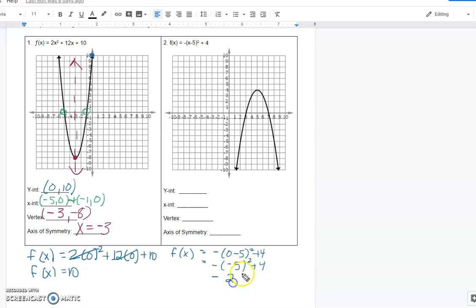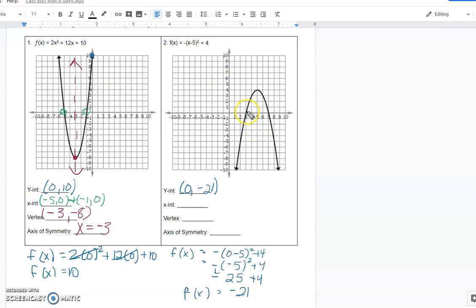That's going to give me negative 25, because this negative 5 squared would be positive, and then this one would be the negative, plus 4. And my f of x is going to be negative 21. So I can't see it on the graph, but it's going to cross the y-axis at 0, negative 21.